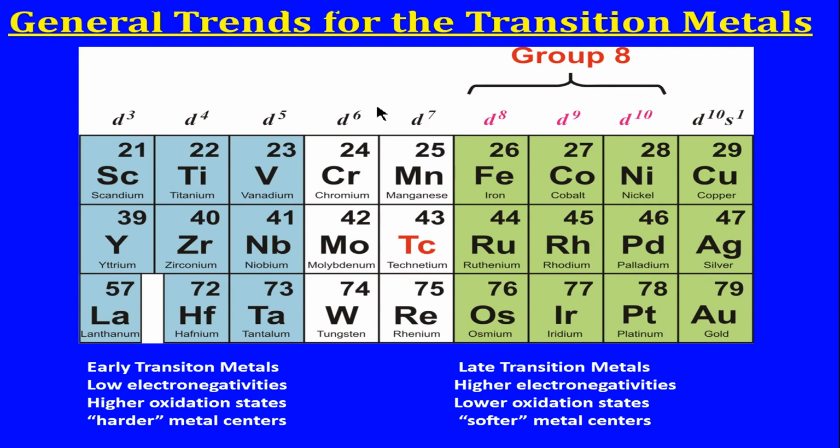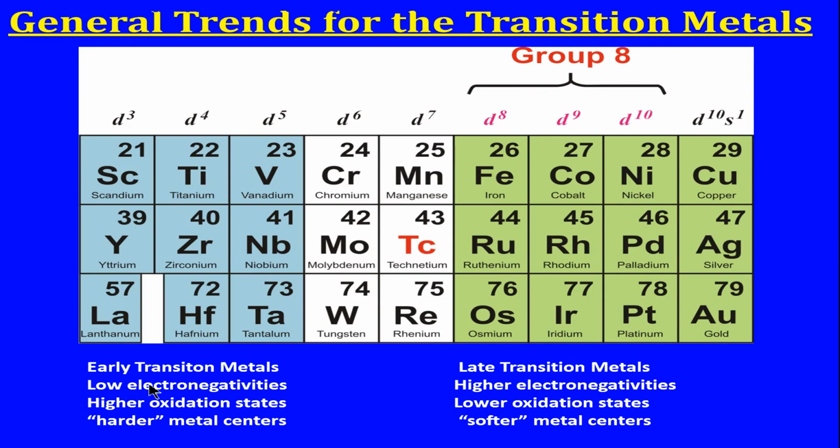In some books, especially English books, the transition metals of the periodic table are divided into only two families: the early transition metals from D3 to D6 and the late transition metals from D7 to D10 S1.